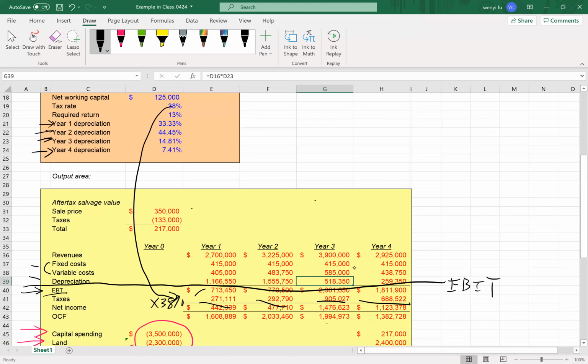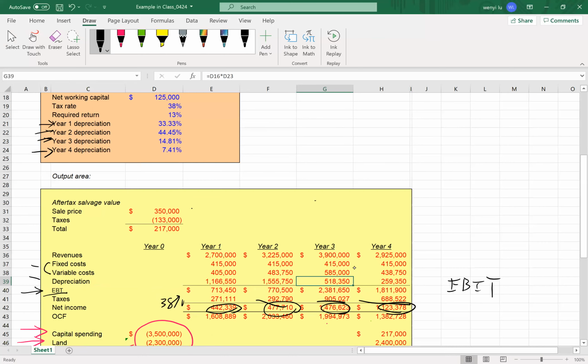EBT minus the tax equals the net income. You can see our EBT is given, and you use the 38% to solve for the tax amount. So EBT minus tax equals net income.